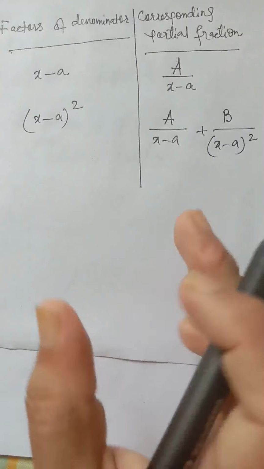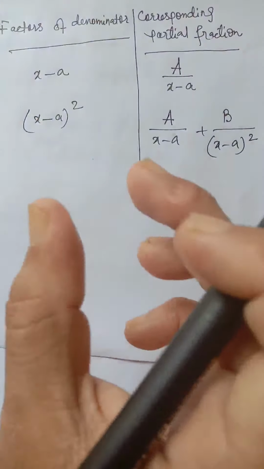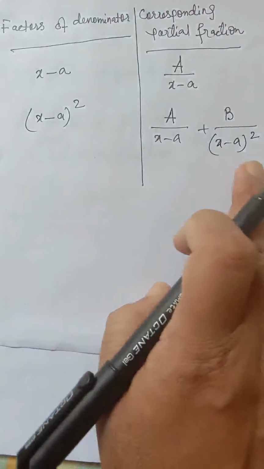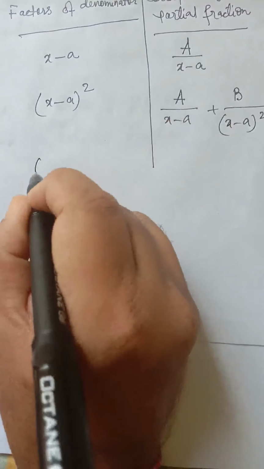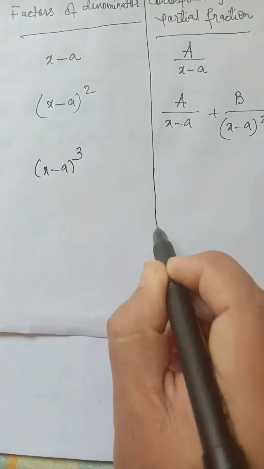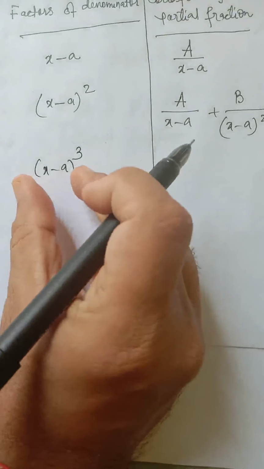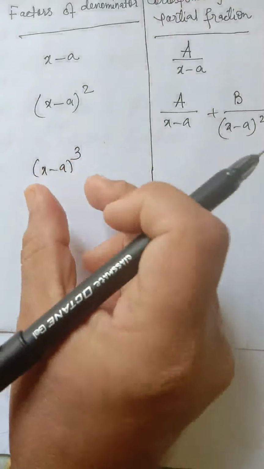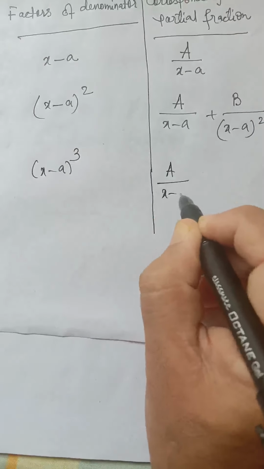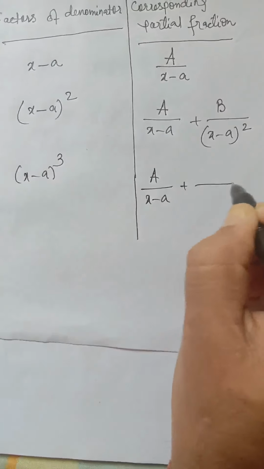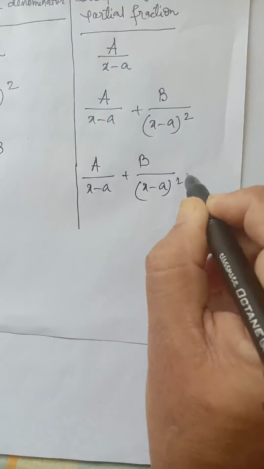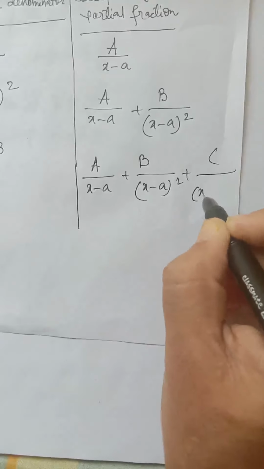For (x - a) whole cube as a factor of the denominator, the corresponding partial fraction will be A by (x - a) plus B by (x - a) whole square plus C by (x - a) whole cube.